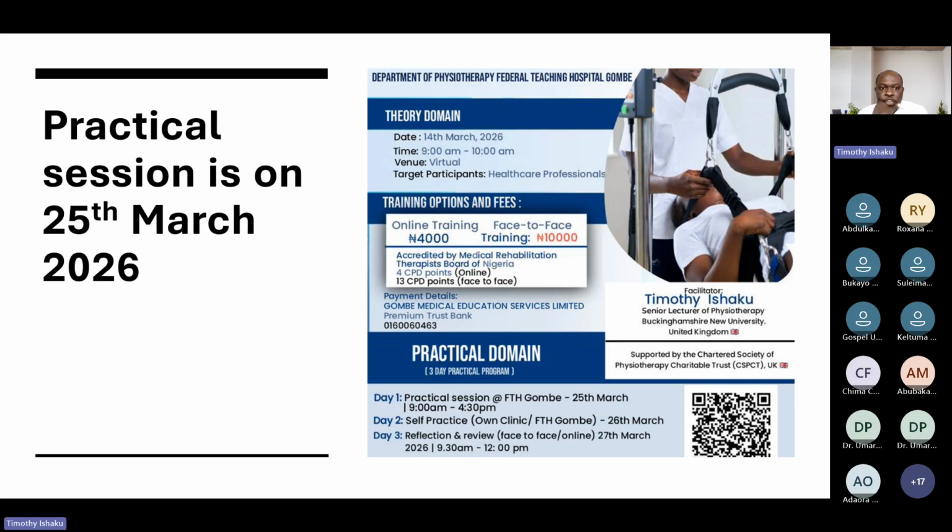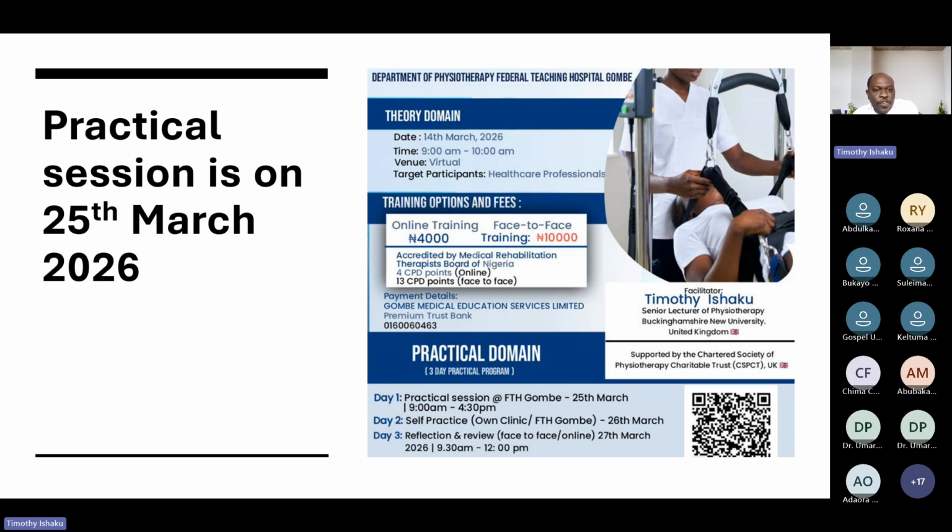That's the first day of the training, where myself and a colleague will be showing and using those equipment, or using techniques without the equipment on ourselves and models, from 9 a.m. to around 4:30 p.m.